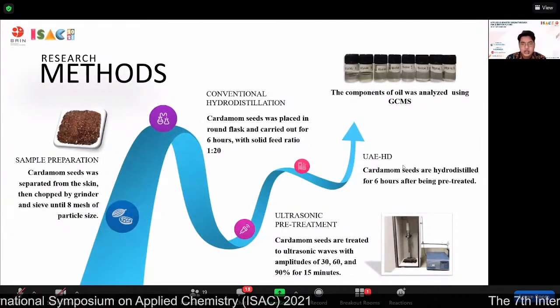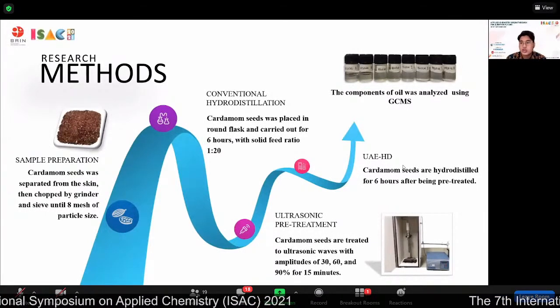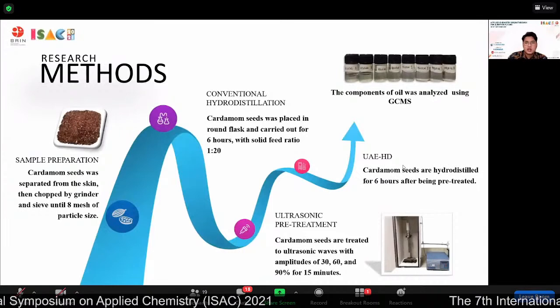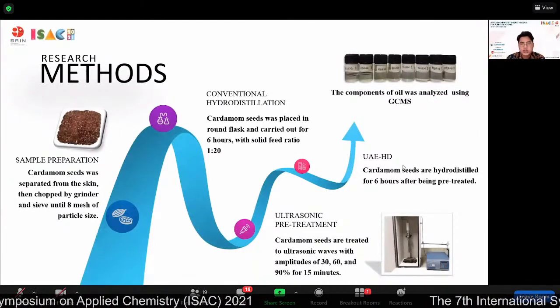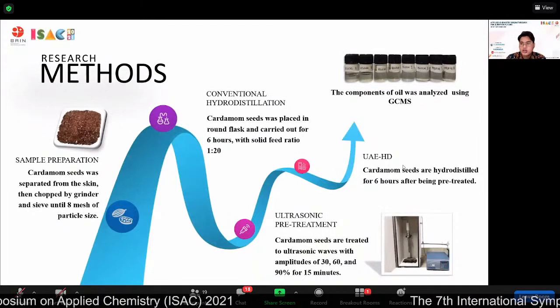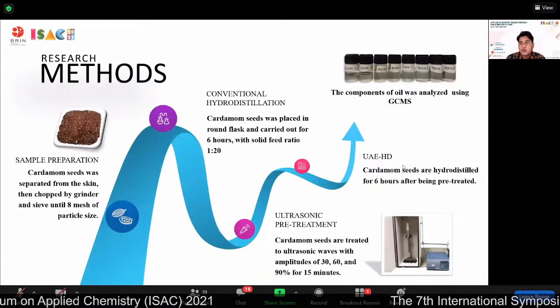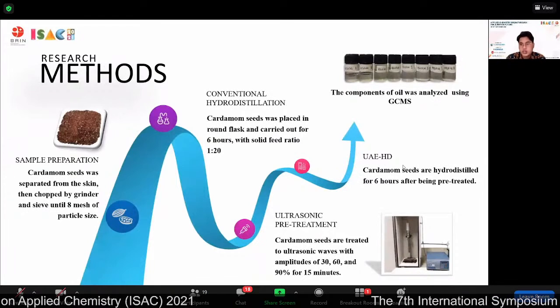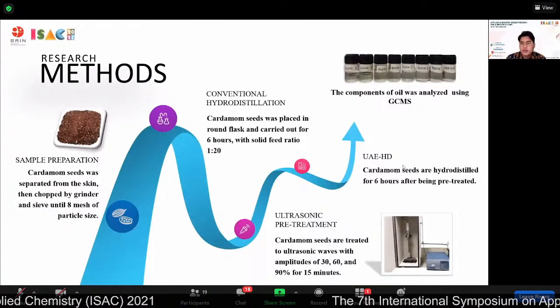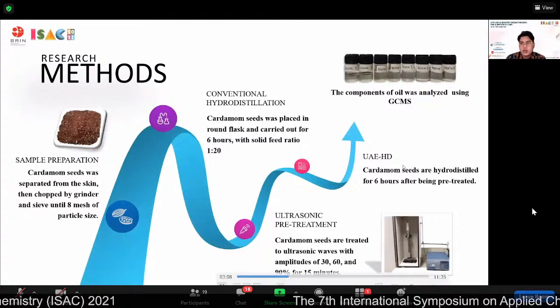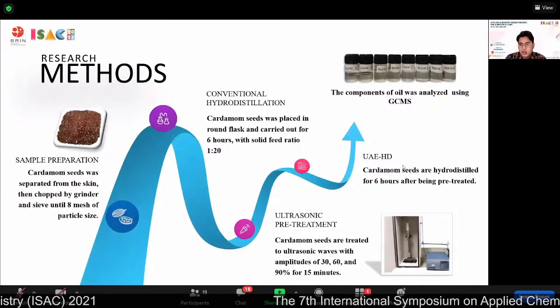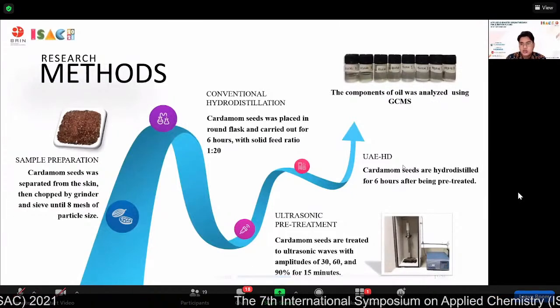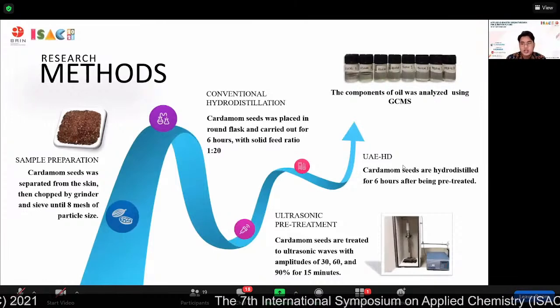We call this process conventional hydrodistillation, which does not use ultrasonic pretreatment. We also do the experiment using ultrasonic assisted extraction, where cardamom seeds are treated with ultrasonic wave with amplitude of 30, 60, and 90% for 15 minutes. In the next step, cardamom seeds are hydrodistilled for 6 hours after being treated by ultrasonic. And then lastly, the oil was analyzed using GCMS to know what components are inside it.